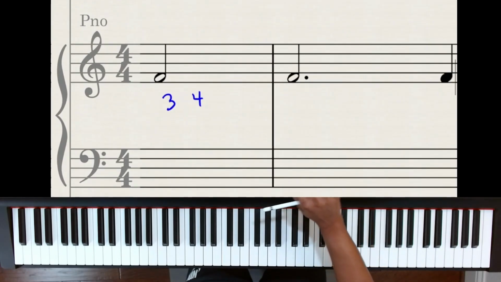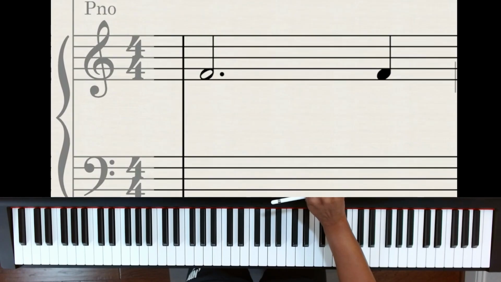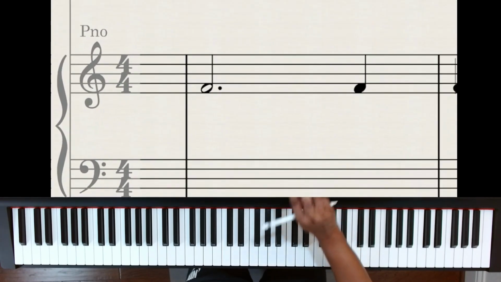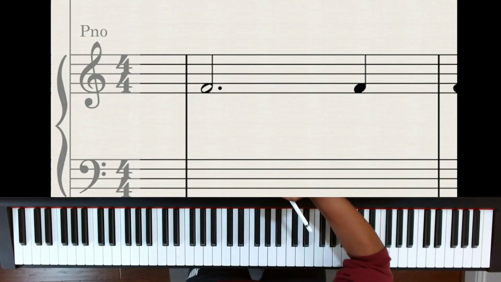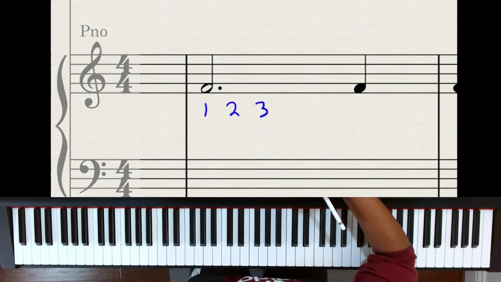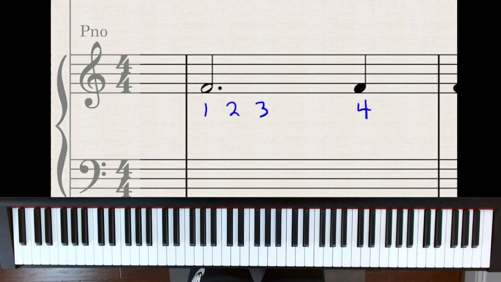In our next example, we have a dotted half note followed by 1 quarter note. We know that a dotted half note gets 3 counts, and our quarter note gets 1, so that equals a total of 4 counts for this measure. We have 1, 2, 3, and beat 4 is on that quarter note. So 1, 2, 3, 4.